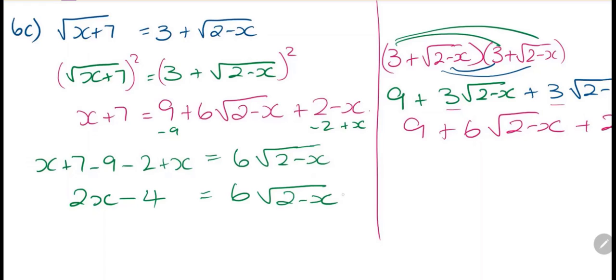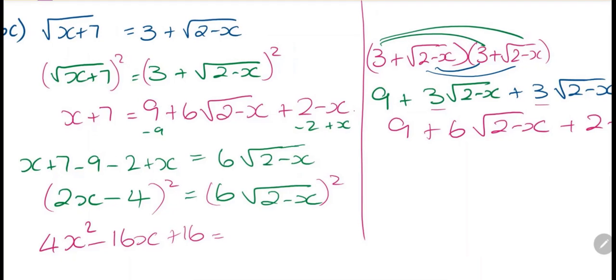So now, if we raise everything to the power of 2, on this side we'll have 2 times 2, so it's 4x squared. And then 2 times 4 is 8, times 2 is 16, so we'll have minus 16x, and minus 4 squared is 16, so it's going to be plus 16.